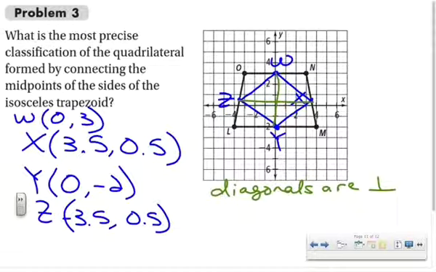Tell me what your gut instinct says that this is. What's going to be the same? Of all of them? The slopes of, yes, WZ and YX are the same. The slopes of ZY and WX are the same.